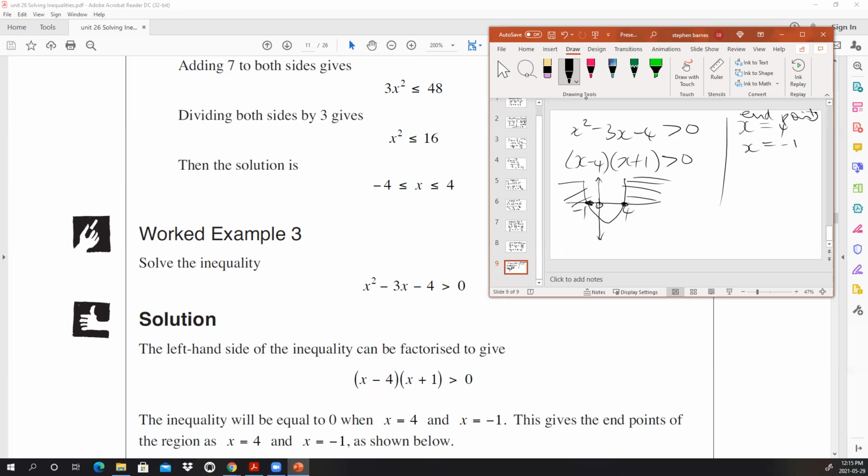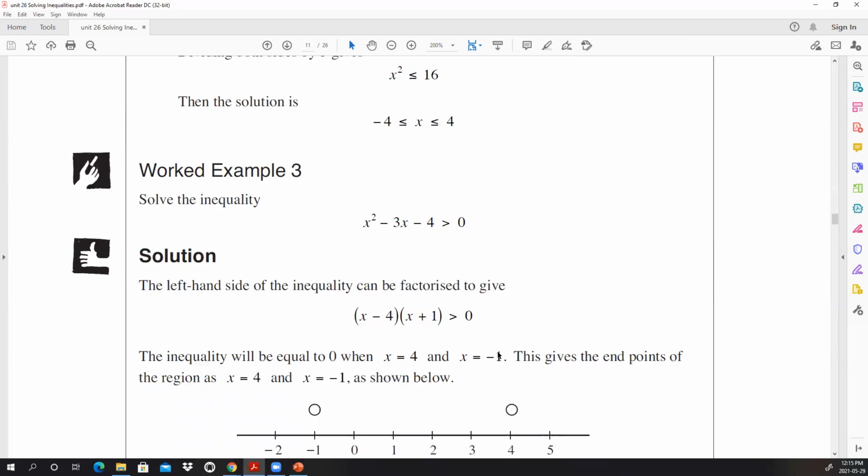So my answer would be x is less than minus 1 or x is greater than 4. And just by doing a little sketch, I can tell you the answer. So let us see what they come up with.